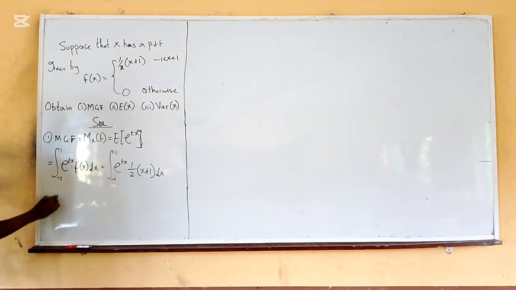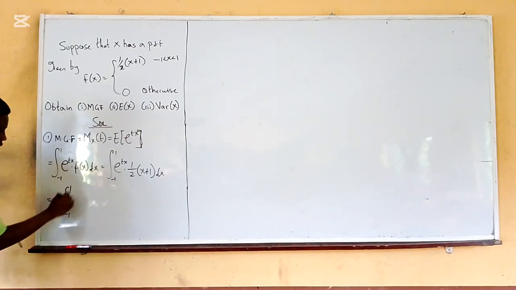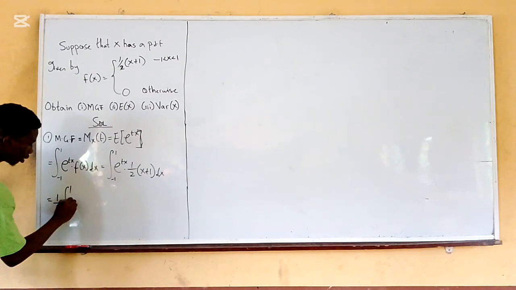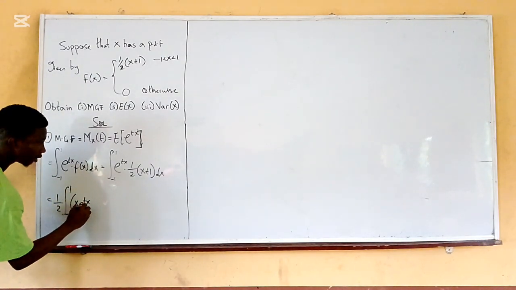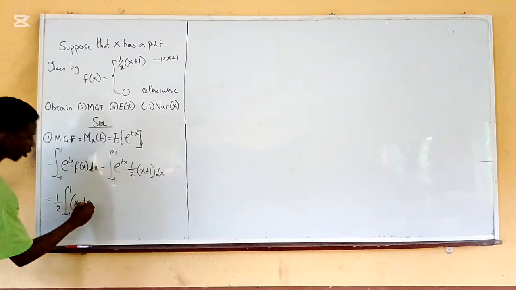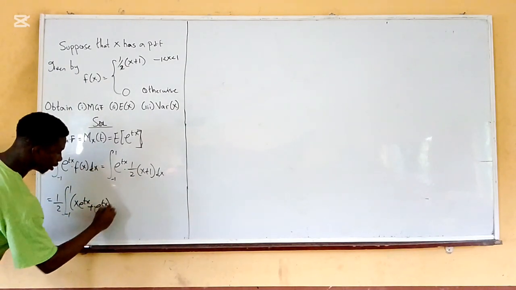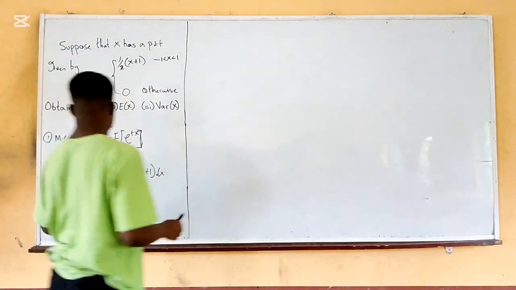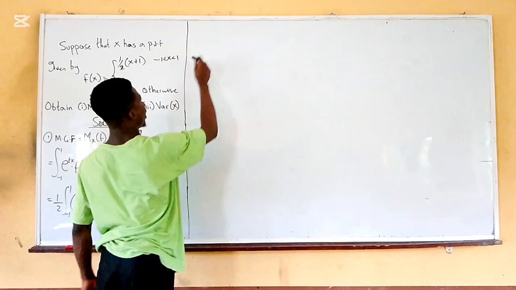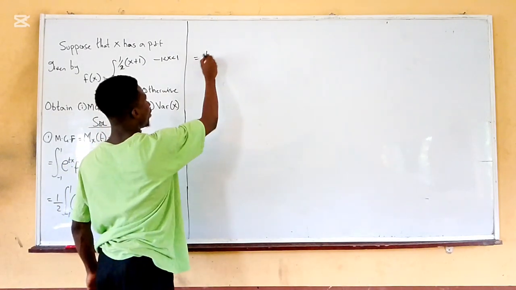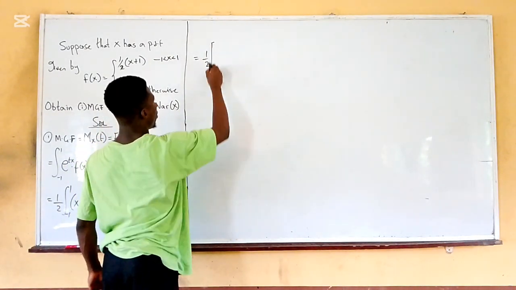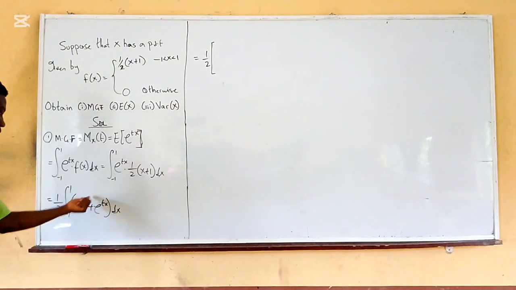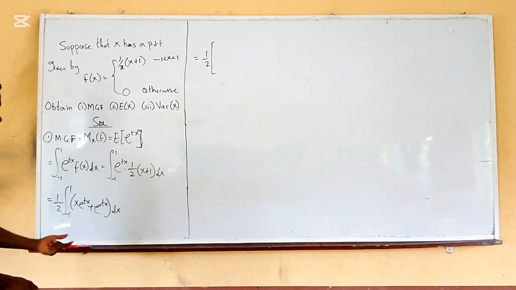So from here I can say 1 over 2 integral -1 to 1 of x exponential tx plus exponential tx dx. Continuing from here, I want to integrate x exponential tx, so I'm going to use integration by parts.